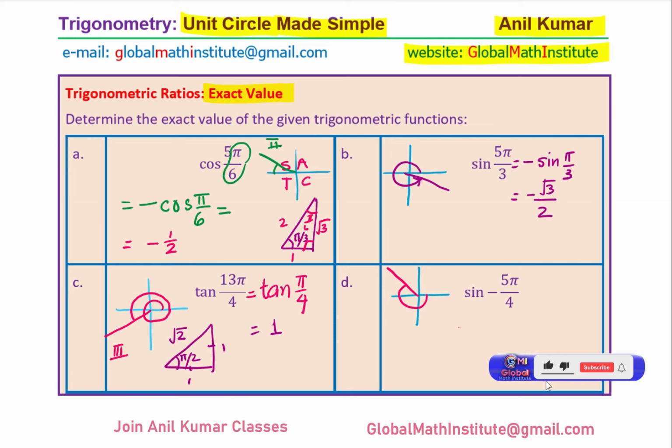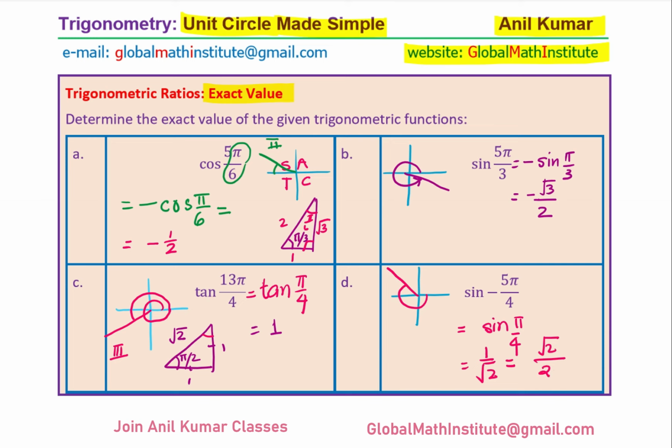In quadrant 2, sine is positive, right? So we can always write this as sine pi by 4. Using this particular triangle, we know the value is 1 over square root 2, a positive value. It should be rationalized, so after rationalization, we write square root 2 over 2.